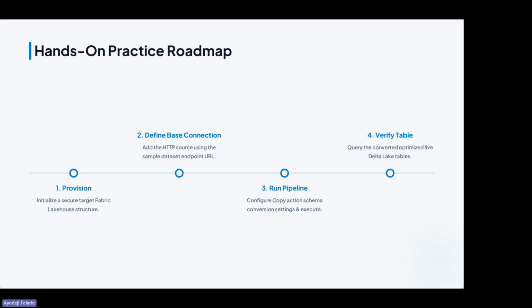We are going to initialize a secured target Fabric lakehouse structure. So like I said, you are going to set up a lakehouse. That's the first thing we're going to start with. You have to provision where the ingestion, the ETL, the final destination of what you are pulling in, is going to stay. That is one.